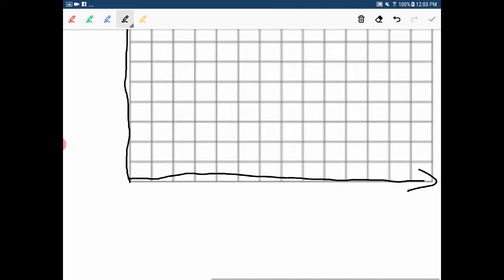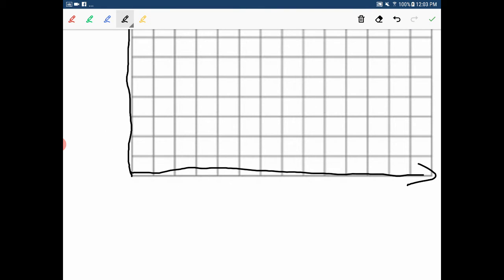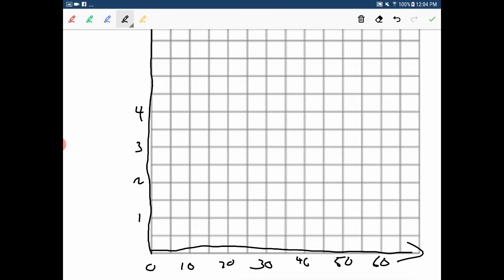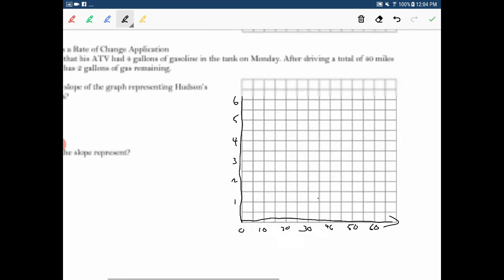So we're going to go up by 10s over here. I'm going to go up by 5s, but I'm only going to write 10s. So I'm going to go 0, 10, 20, 30. That's a cool looking 3. And that's a terrible looking 0. All right, and then over here we'll go up 1, 2. So I'll just go every other box. Should fit very well. There we go.